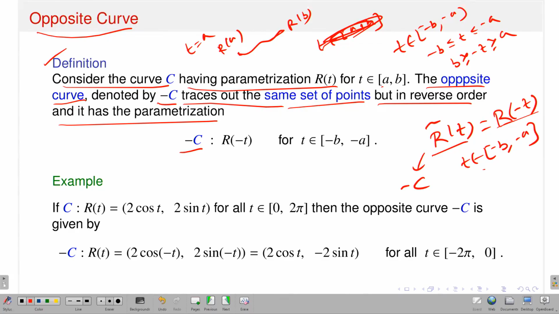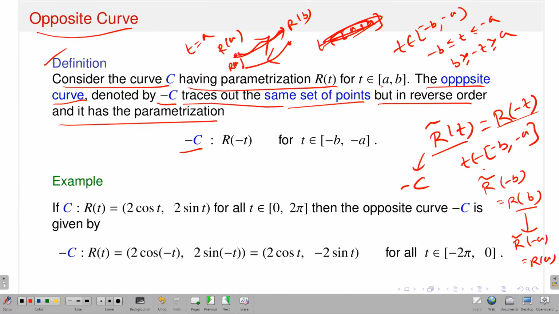And what about the reverse one? The reverse one is a parameterization R twiddle. What is R twiddle of minus B? T is running from minus B, so R twiddle of minus B is nothing but R of B. So, it starts from the point R of B, and it will end at R twiddle of minus A, which is nothing but R of A. So, minus C starts from R of B and ends at R of A, whereas your curve C starts from R of A and ends at R of B. That means if C goes in this direction from R of A up to R of B, then minus C starts from R of B and comes to R of A at the end point.